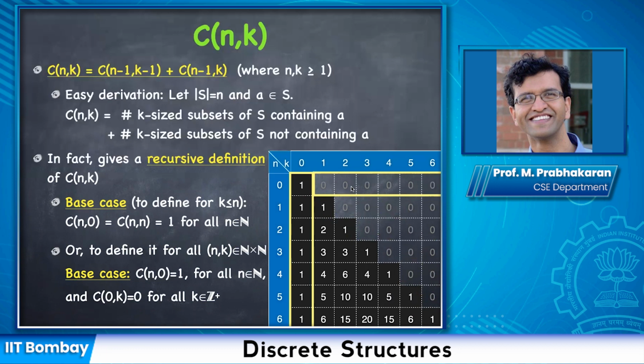So these are non-empty subsets of the empty set, and the number of such subsets is 0. So I could set that as a base case, and I encourage you to see what happens in this table. If I use those as base cases, I'll still get exactly these entries here.